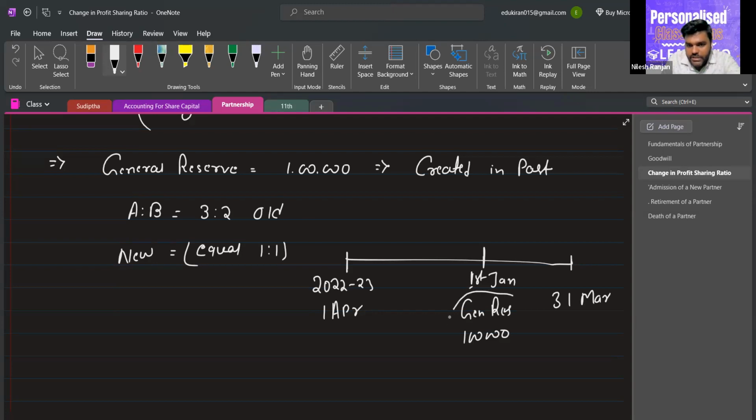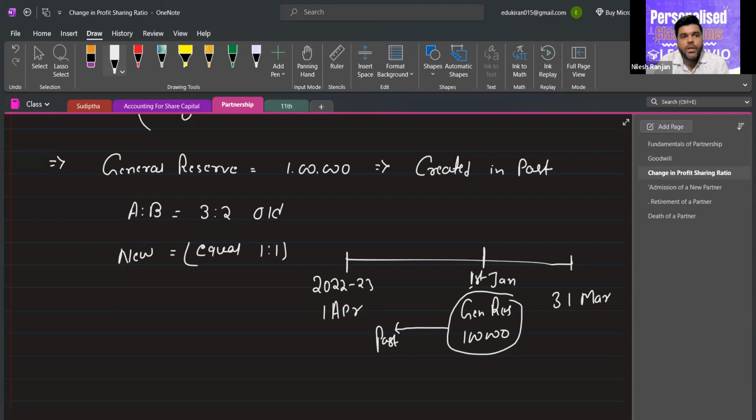If on this date the general reserve is available, it means it was created in the past. It is related with previous or old times, so it should be distributed in the old ratio, not in the new ratio or gaining sacrificing ratio.